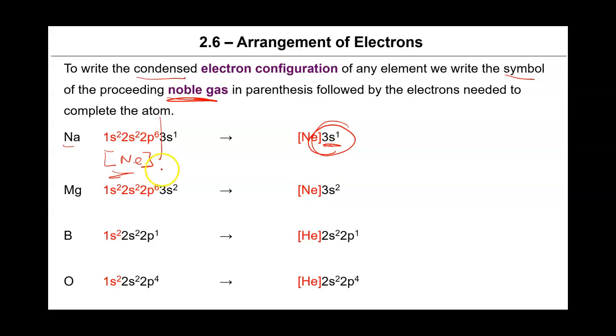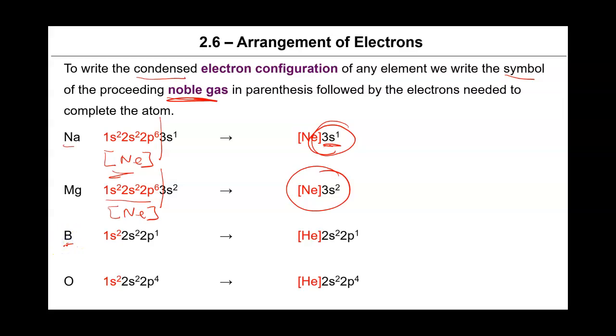Similarly for magnesium, we want to focus on the outermost electrons, and we recognize that the electron configuration for the first 10 is just the same as those for the preceding noble gas, neon. And so instead of writing out those electrons in their full configuration, we're just going to write out the symbol for neon in square brackets and then complete the electron configuration by adding 3s2.